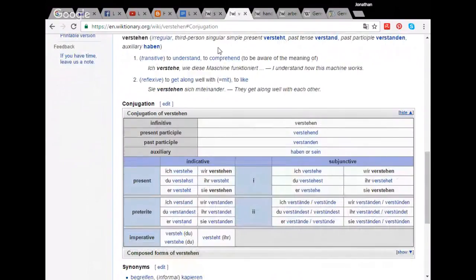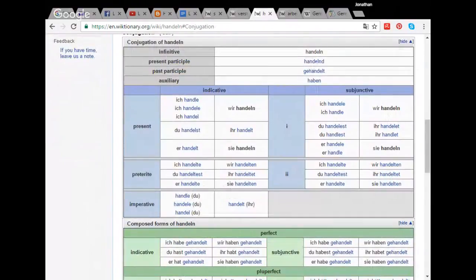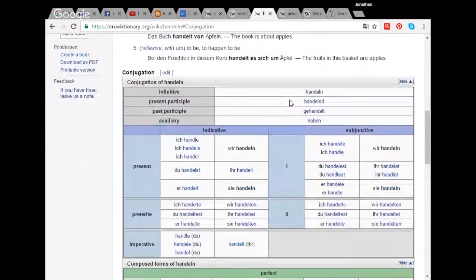So verstehen is another one here, like verstehen, versteht, verstand, hat verstanden, or ich habe verstanden. And these would be the conjugations for the verb to understand, verstehen. And you can see how the past stand is related to understand in English. And we have handeln, and you can see how handle has evolved from this verb.